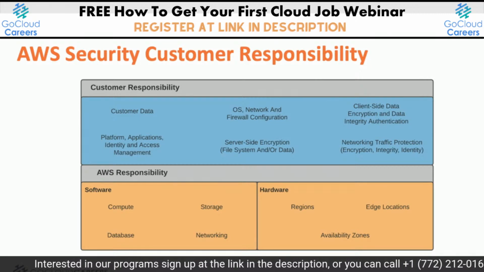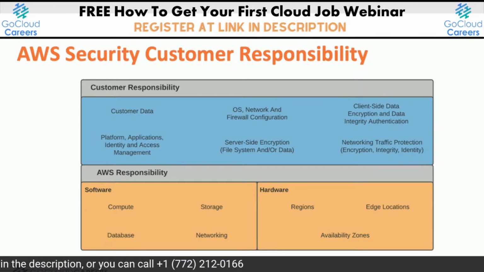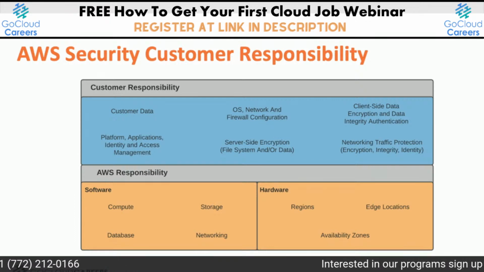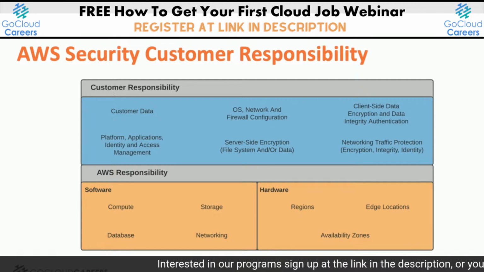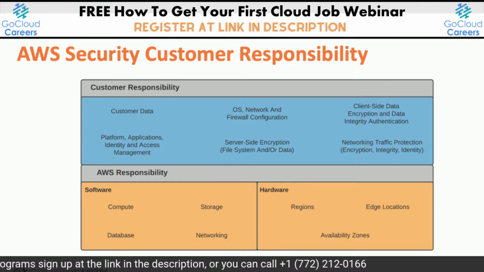Now, what do we secure? Let's make it a little simpler. Our data, our applications, the operating systems and our virtual servers, any kind of encryption of our data we're using, any kind of networking traffic that we're using. For example, you could run IPsec over our direct connections or over a VPN. So there's that. And that's kind of what we're talking about.